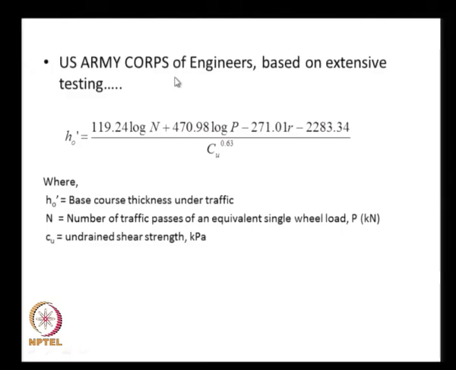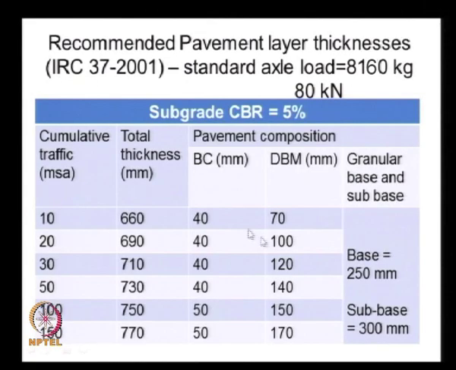So actually here also we see that as the number of load passes is increasing, the thickness of the pavement increases, and this data that is given by IRC in IRC 37 2001 is also highly empirical.